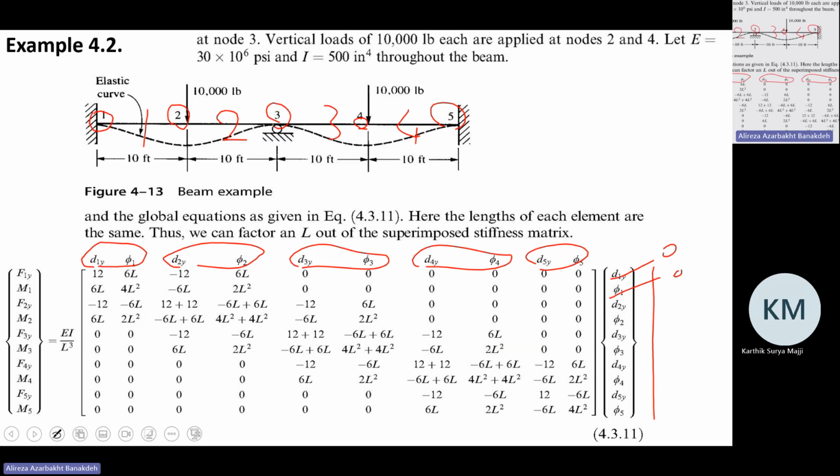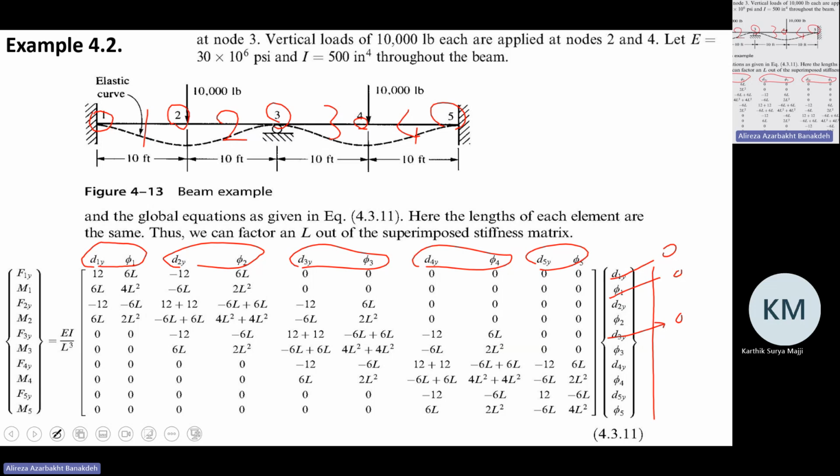Node number 3, this one is 0, but phi3 is not 0. It can rotate. However, for the symmetry here, phi3 is 0 because I know that the deflection should be symmetric, and as you see in the dashed line, the deflection is in a way that phi3 will be 0.